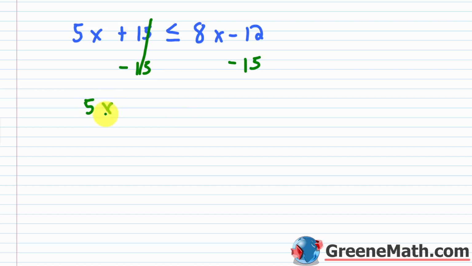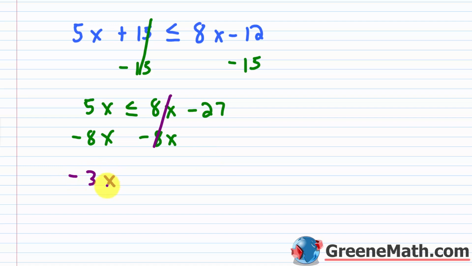You're going to have 5x is less than or equal to 8x, and then negative 12 minus 15 is negative 27. I'm going to subtract 8x away from each side of the inequality, so that'll cancel, and I'll have 5x minus 8x, which is negative 3x. This is less than or equal to negative 27.